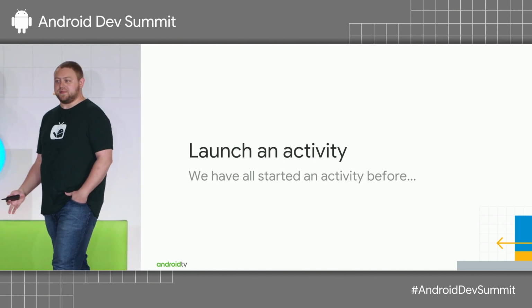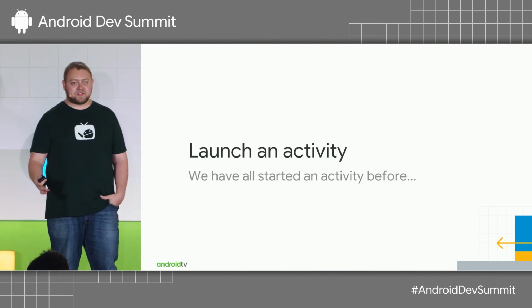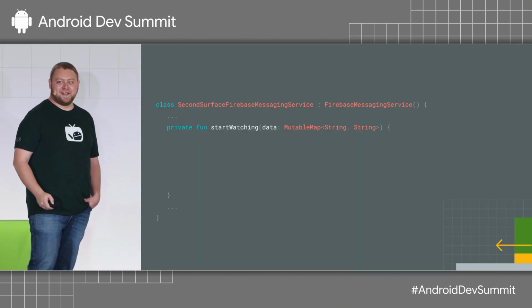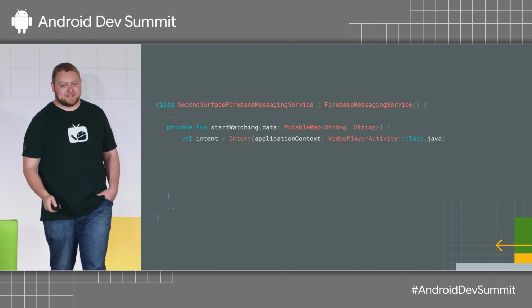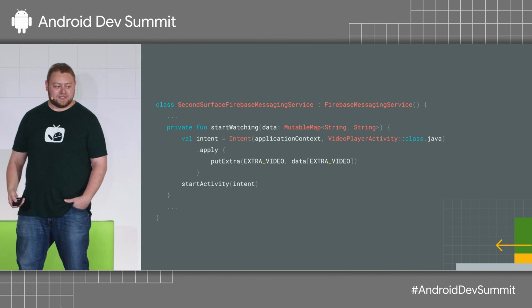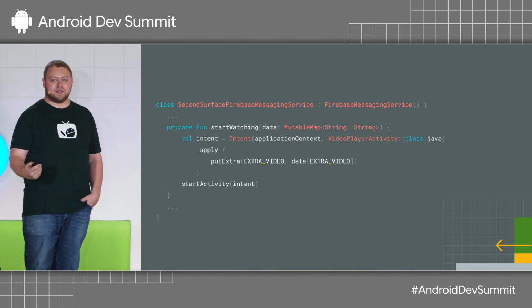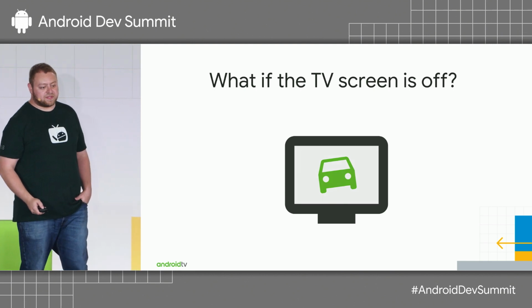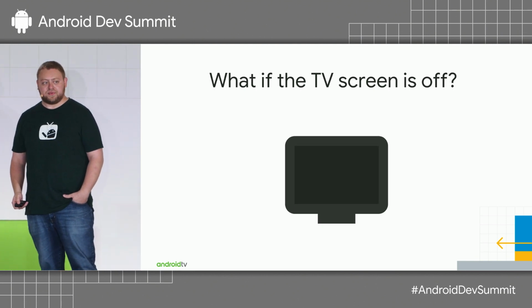This is the Android Dev Summit. I'm assuming everyone has launched an activity before, but just in case. We set up an intent, we give it some extras like, hey, here's the video to watch, and we start an activity.